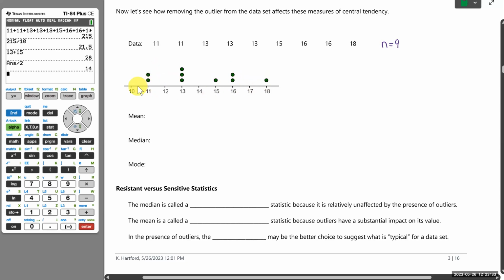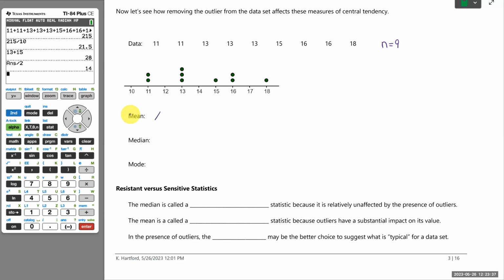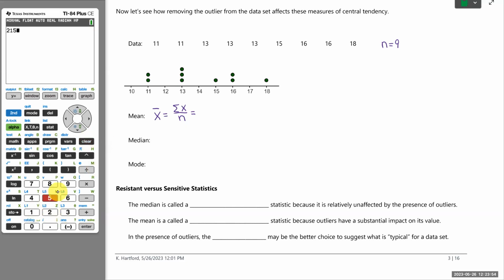So there are our participants. Now let's take a look at the mean. With the outlier removed, we add the data values and divide by the number of values. I already added all the data values and got 215, so I'm going to type 215 on my calculator and take away the 89-year-old. That means when I add up those values, I get 126.